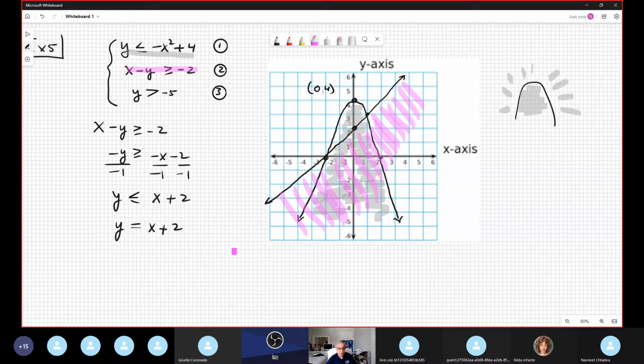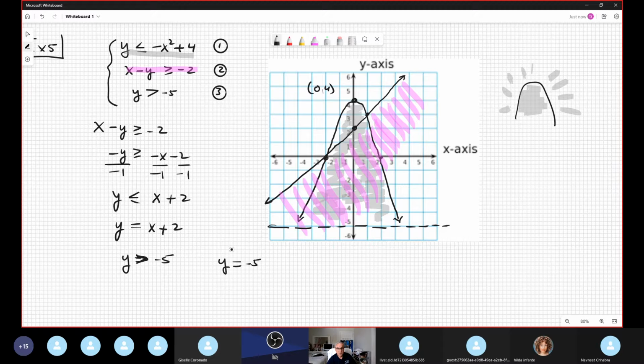Okay, now the last one is y greater than -5. You convert to equation. It's a horizontal line passing through -5 here, but it's a dotted line because our inequality does not contain an equal sign.